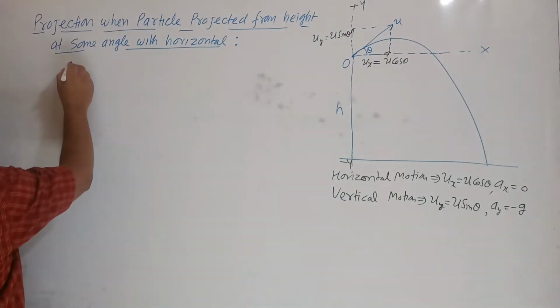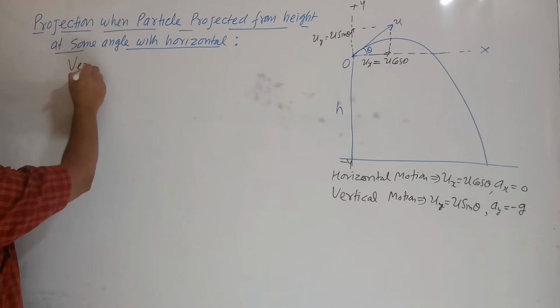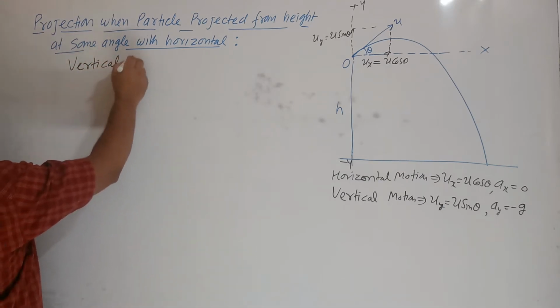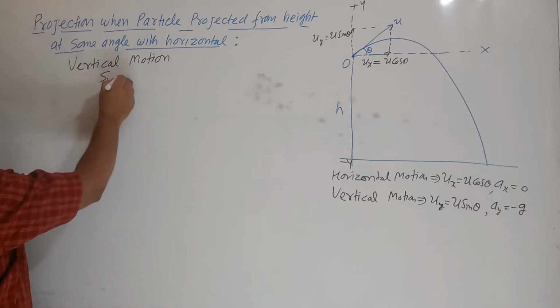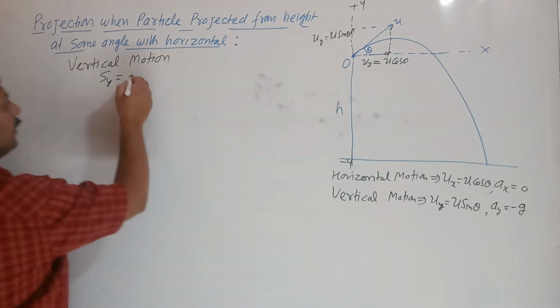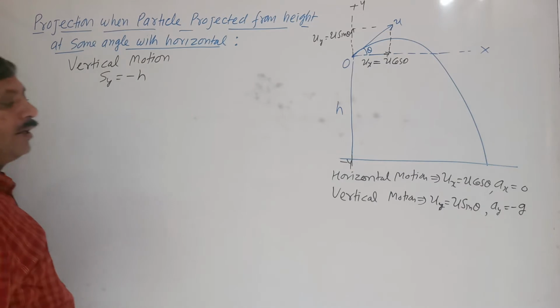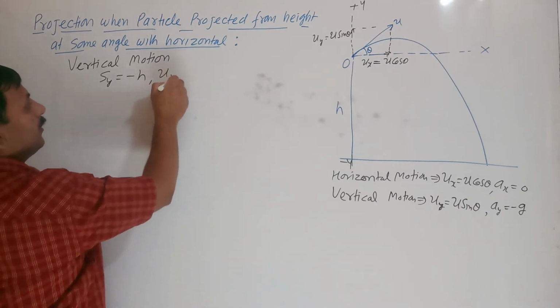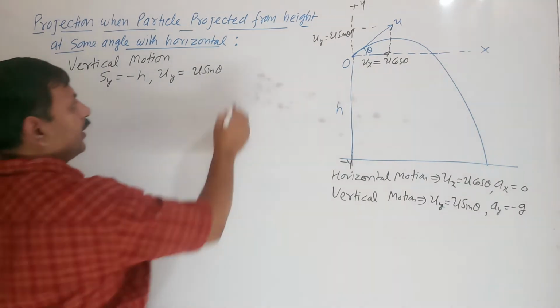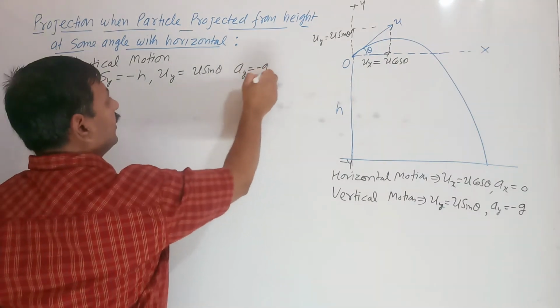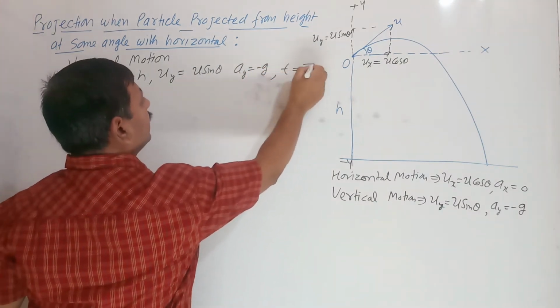So for vertical motion, the displacement is minus h, the initial velocity is u sin theta, the acceleration is minus g, and T is the time of flight.